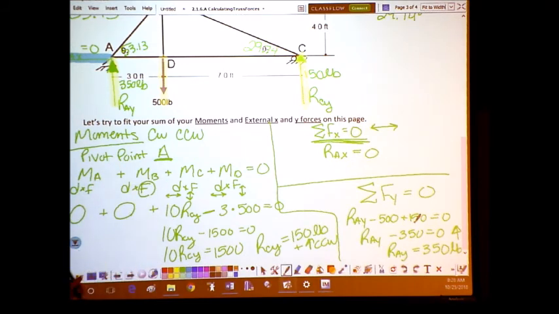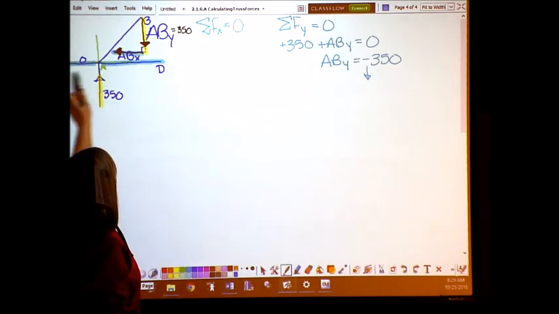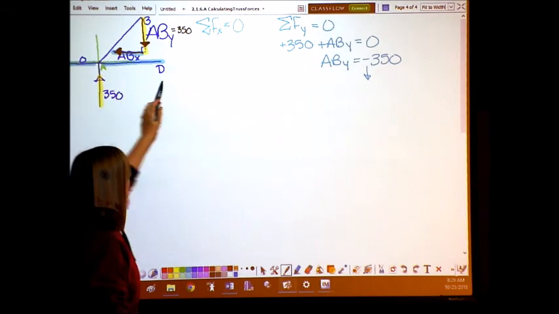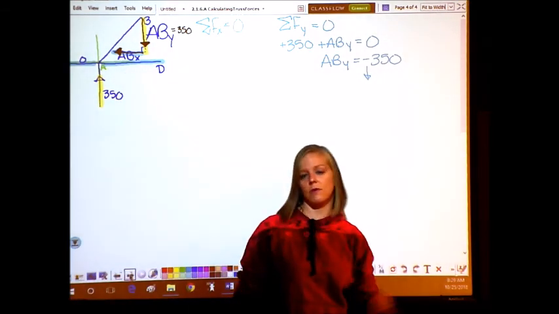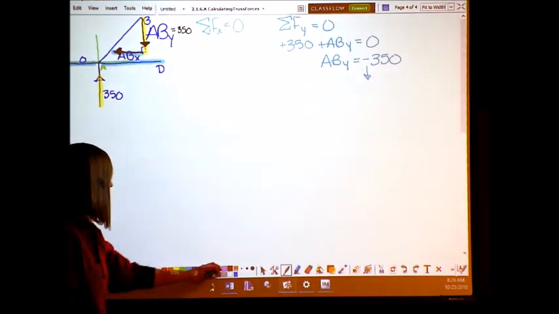Now we had to solve for the inside members. I just told you we're going to do A first. We broke our diagonal apart, and then we solved for the blues and stuff, and we ended up getting ABY as negative 350.